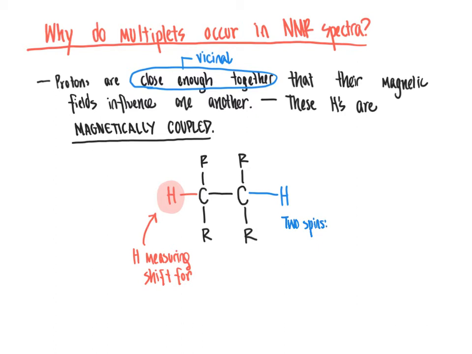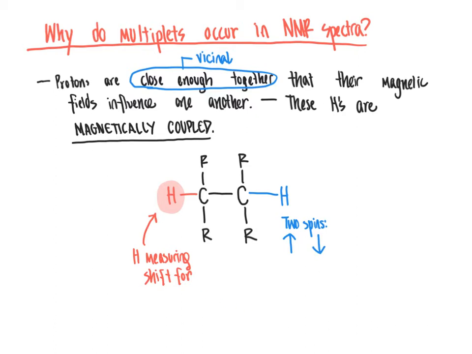We can represent one of those as being up, and one as being downward. One of those is going to reinforce the magnetic field that the red proton is experiencing. The other spin is going to oppose that.